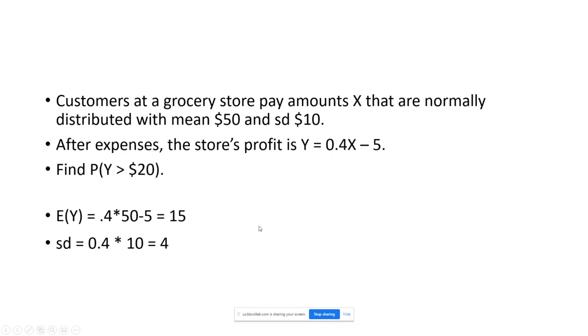So then you want to be using normal CDF or pnorm or a normal probability table to find the probability that Y is greater than 20, given that it has a normal distribution with a mean of 15 and standard deviation of 4.